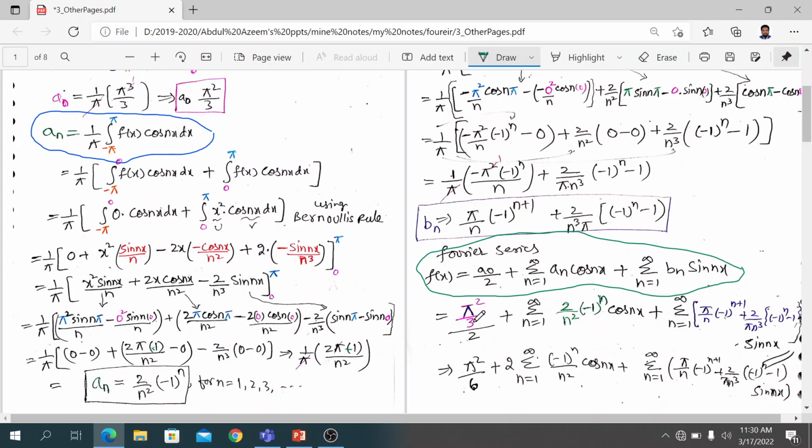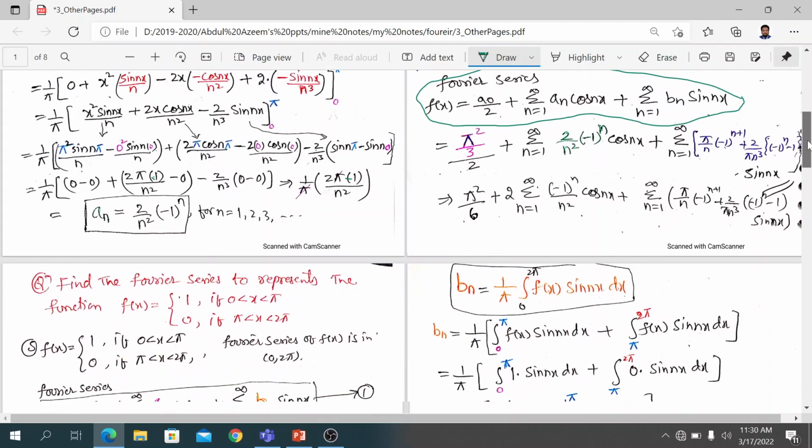Now just simplify. 3 2s are 6. So pi square by 6 plus 2 take outside, sigma n is equal to 1 to infinity minus 1 power of n cos nx by n square, plus sigma n is equal to 1 to infinity all these into sin x. So this is our first problem.